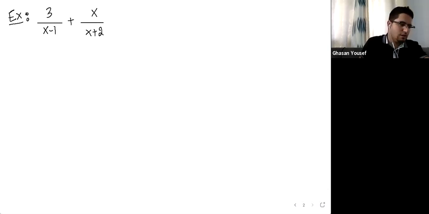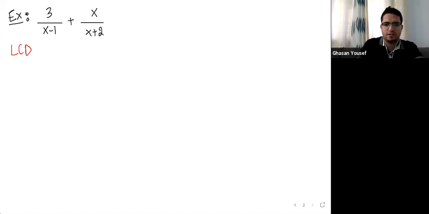Now, the question is, find the sum of these two fractions. First of all, we have to find the least common denominator, like I said before. To find the least common denominator, we have to factor the denominator of both fractions.